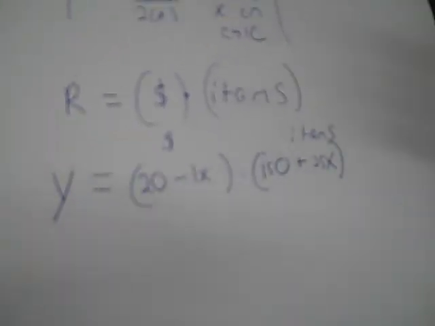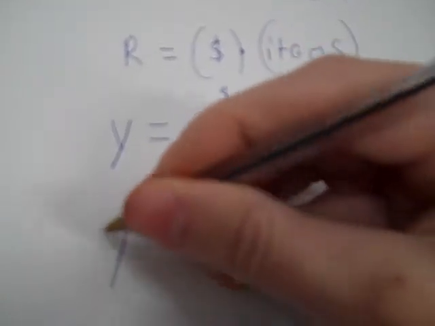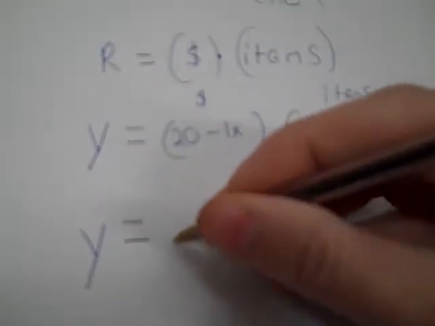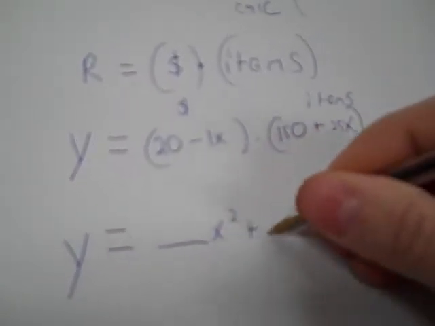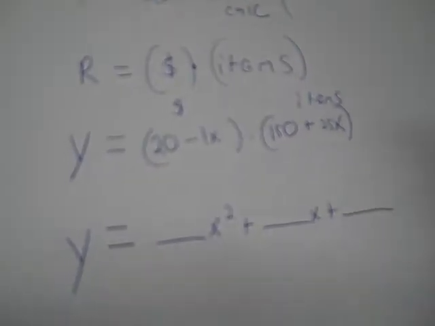Now, we don't have a B and an A yet because I have parentheses, so I need to multiply it out, okay? And I need to have an x to the second and x, and then a number without x, okay?